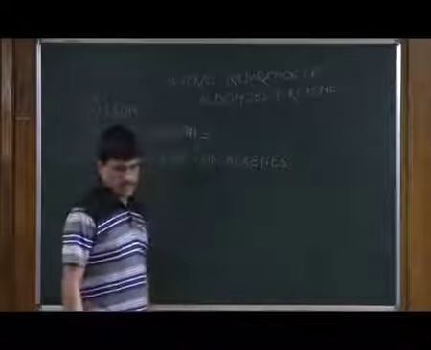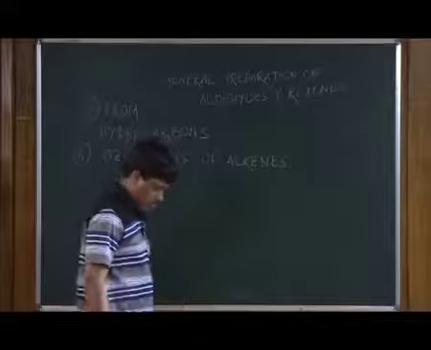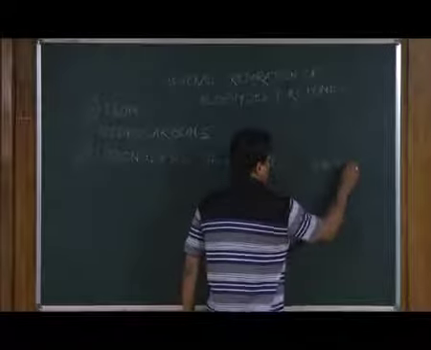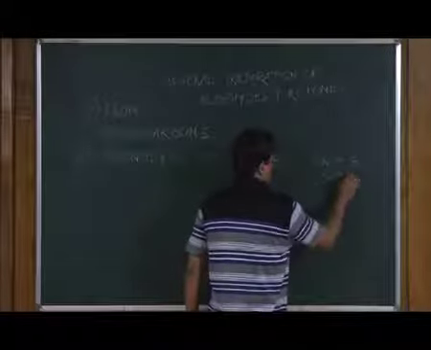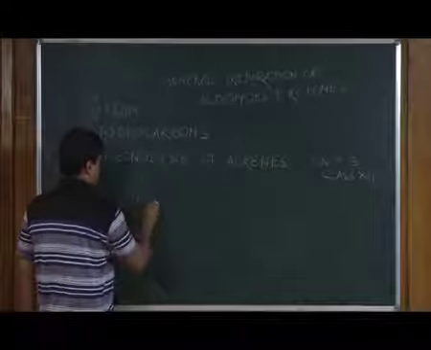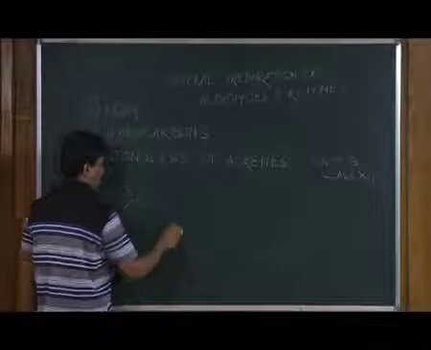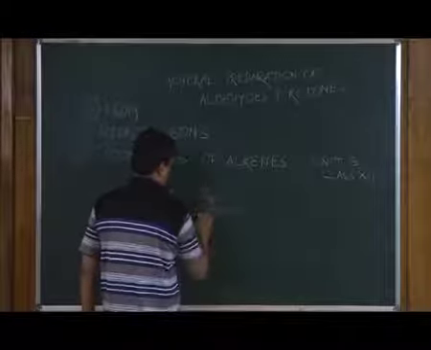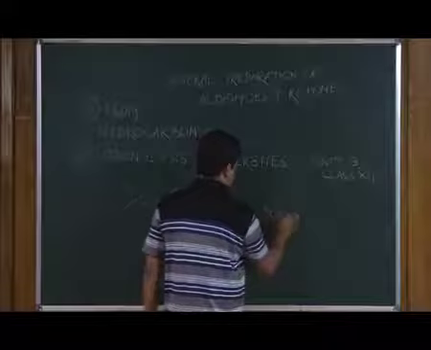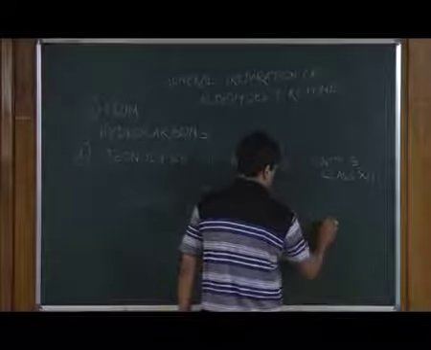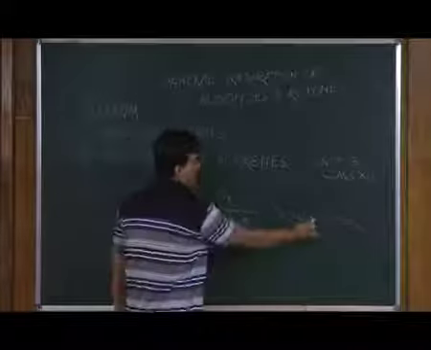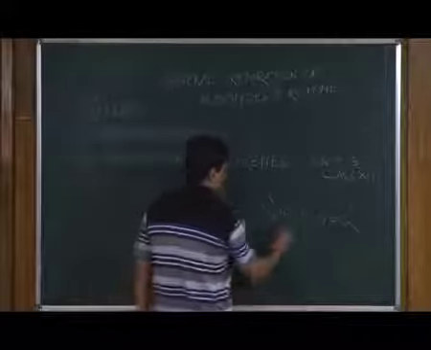This also has been discussed in unit 13. So, in ozonolysis what happens? An alkene, after treatment with ozone and a reductive workup, gives two carbonyl compounds. Here you can get, depending on the substituents, either two aldehydes or two ketones or a mixture of aldehydes and ketones.